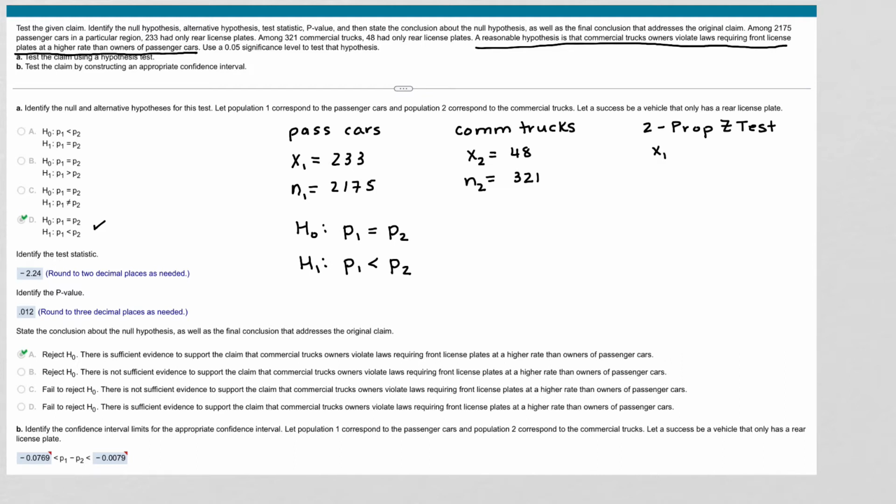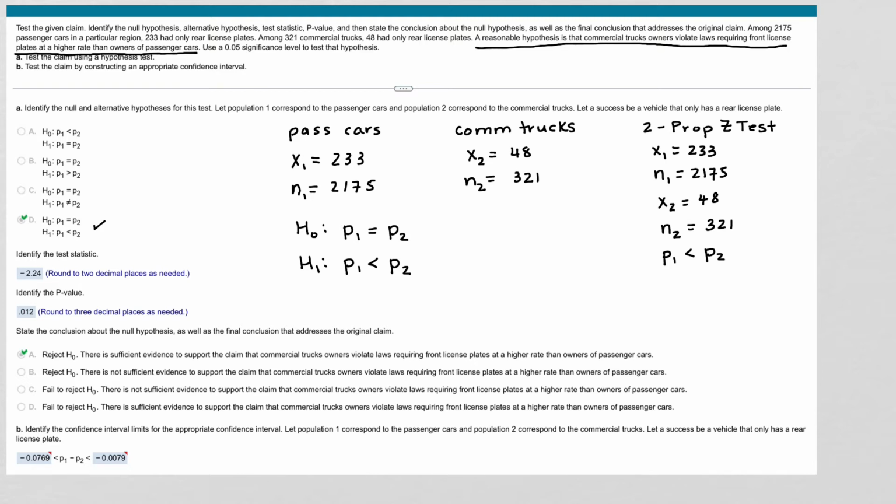So we have X1 is 233, N1 is 2175, X2 is 48, N2 is 321, and our hypothesis is that P1 is less than P2. Then you can either choose calculate or draw.